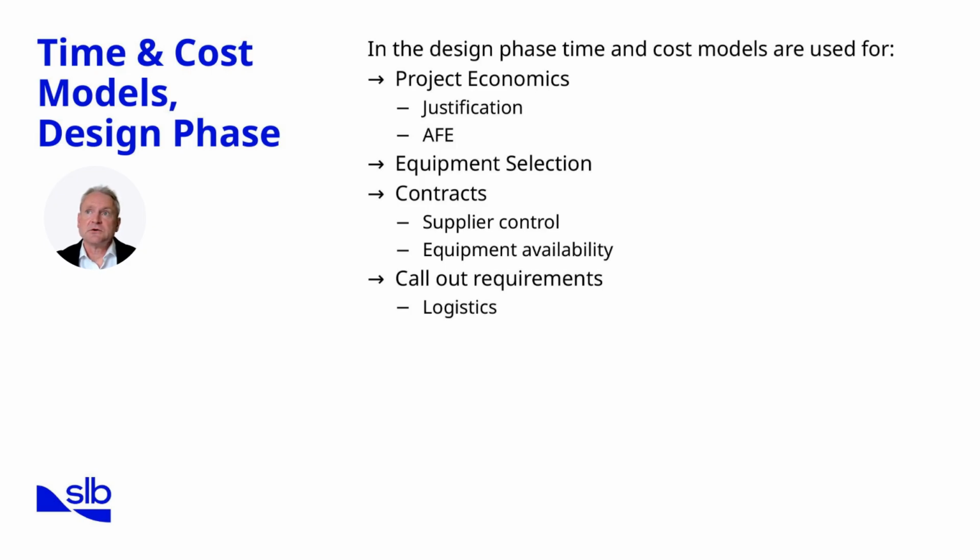This phase ensures that time and cost are not abstract concepts, but integral to well design. In short, the model provides a commercial backbone that supports both engineering decisions and project approvals. On the next slide, we'll see how these models function in the execution phase, where real-time decisions become critical.